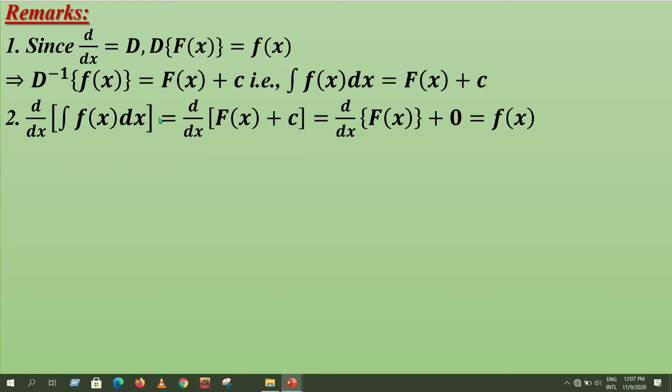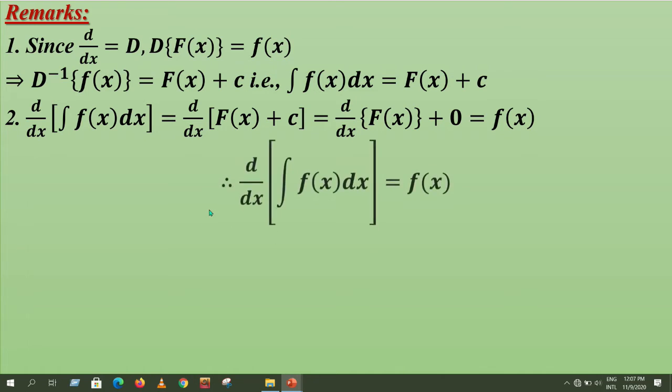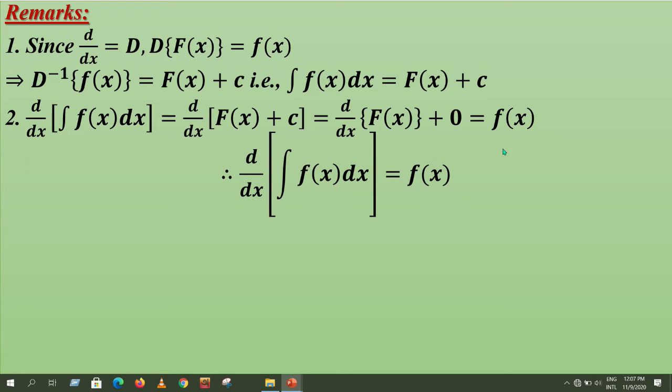So we can write the derivative of capital F of x with respect to x plus the derivative of c with respect to x, which is 0. This equals f of x. Okay, this is equal to f of x.